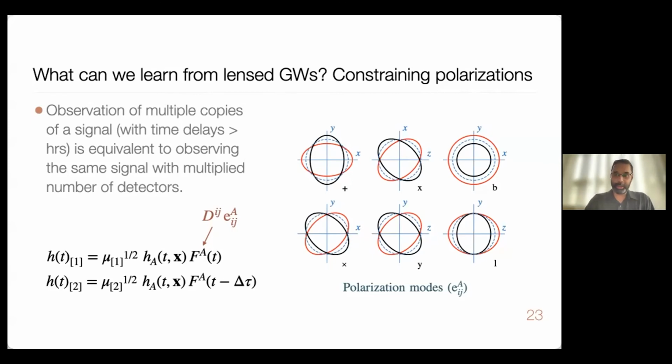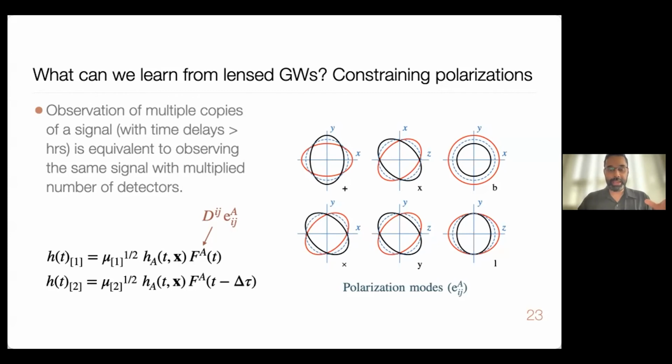And this would allow us to extract the polarization content of the signals much more accurately, which is pretty hard to do otherwise, because currently, for example, we have 3 detectors and 2 LIGO detectors are nearly parallel. So, in practice, we measure only 2 different linear combinations of the same polarizations.